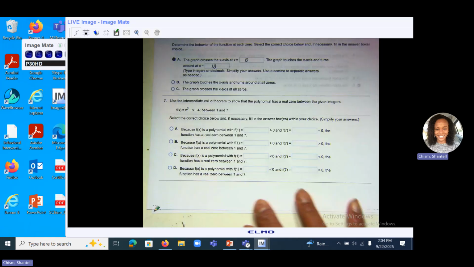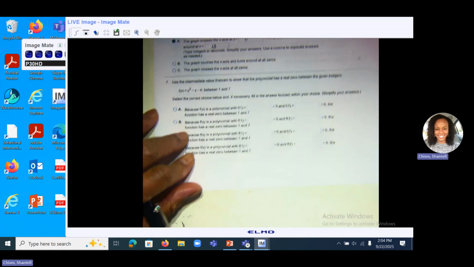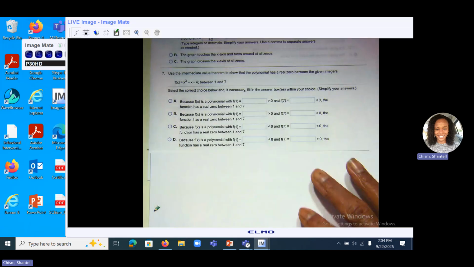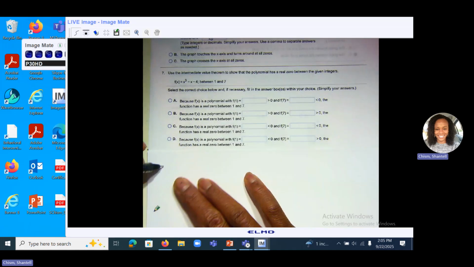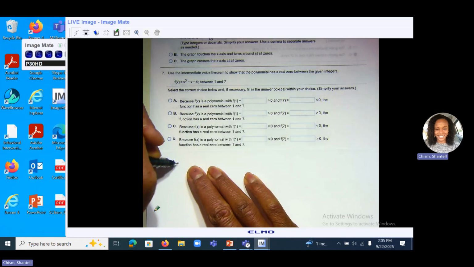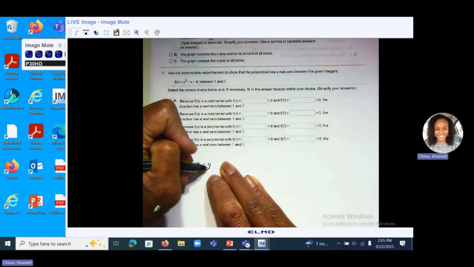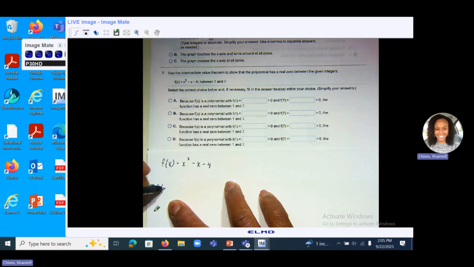So what we'll do is evaluate the function at 1, take note of the sign of that answer, and evaluate the function at 7, and also take note of the function value and sign. So we've got f of x equals x cubed minus x minus 4, and we evaluate it at 1.